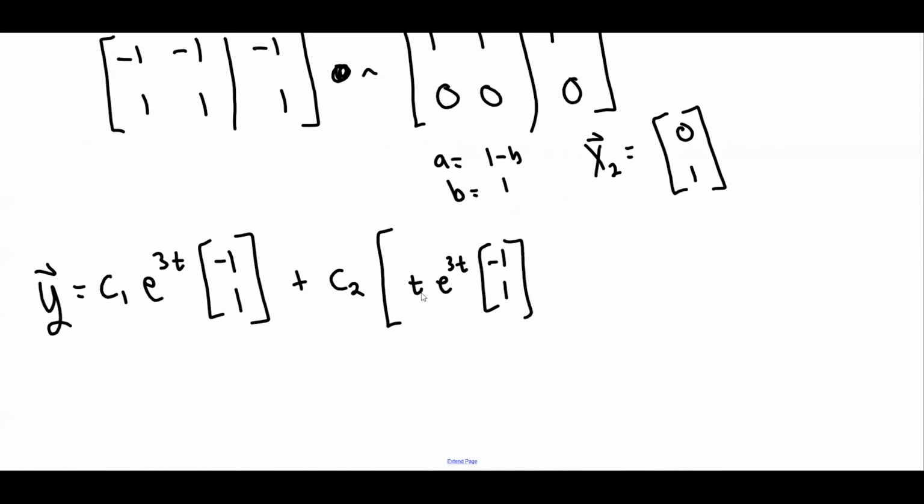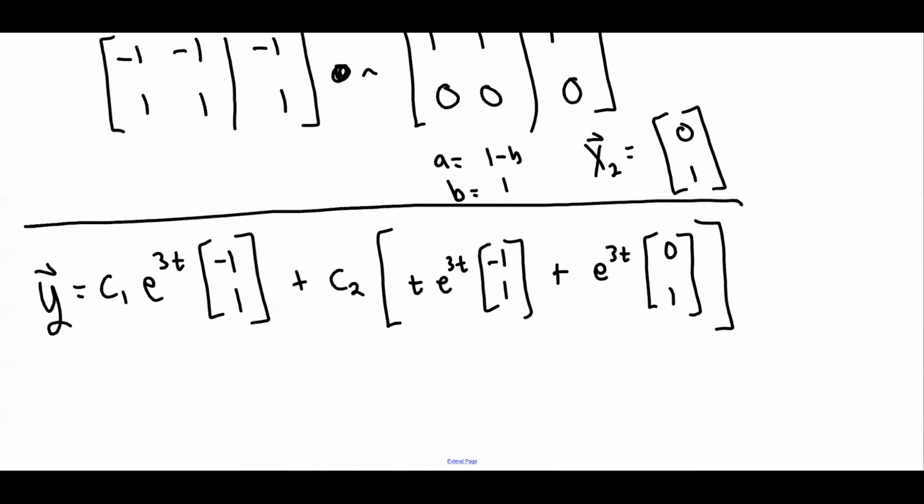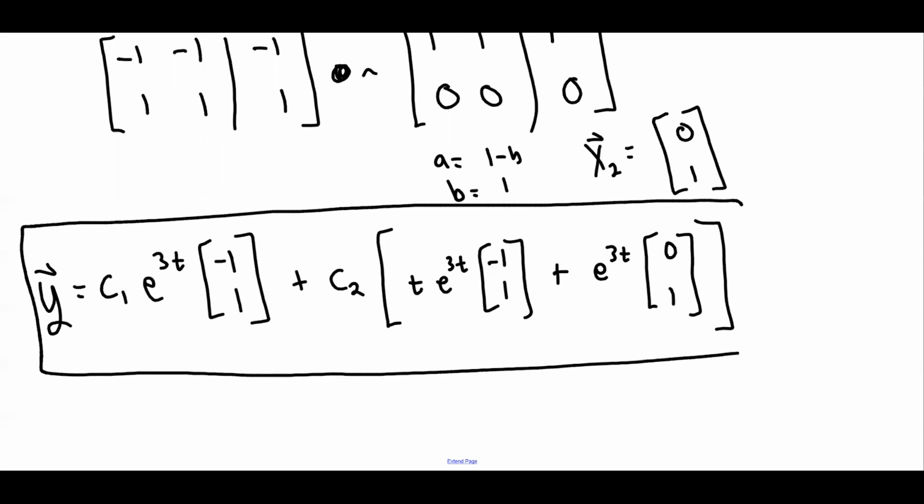So that's t e to the lambda t, and this is x1, plus e to the lambda t times x2. And that whole thing is your pair of solutions put together.